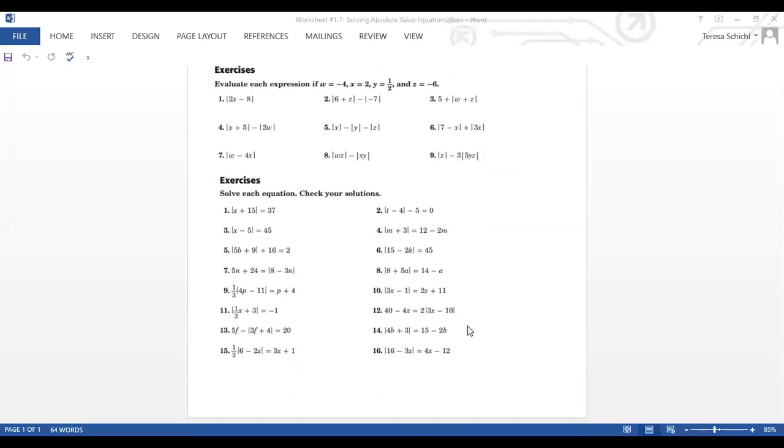Like I said, this is a very important topic, and a lot of students have trouble breaking the absolute value sign to solve the problems. So I'm going to go to the whiteboard and let's start the lecture.